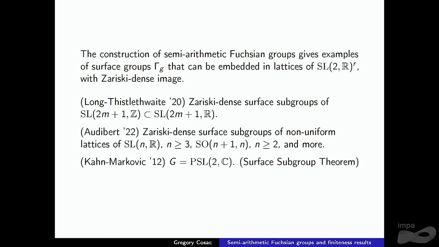And there is the celebrated surface subgroup theorem that finds a surface subgroup inside a lattice in PSL2C, which is a Kleinian group, but a lattice in PSL2C. So I think there's a bit of a trend here of finding surface subgroups inside lattices in various Lie groups. And this way of looking at semi-arithmeticity, following the second definition that I actually didn't give, fits nicely into this. So I'm just giving that as a bit of a reference. It could also be a motivation for why you'd want to look into these groups.